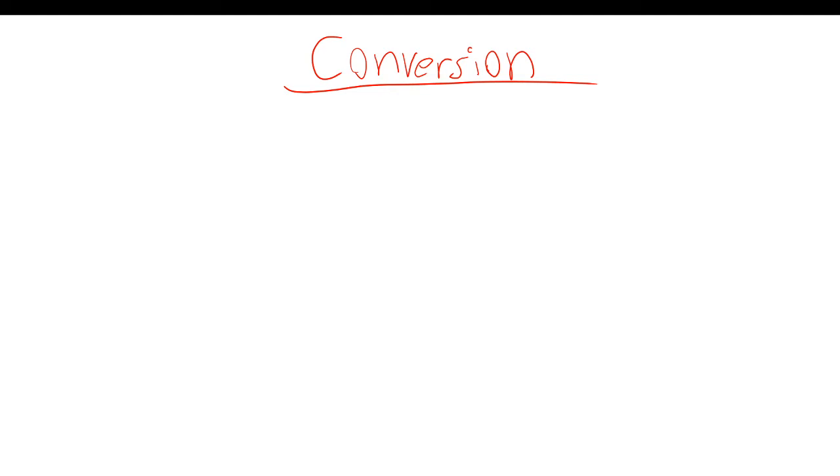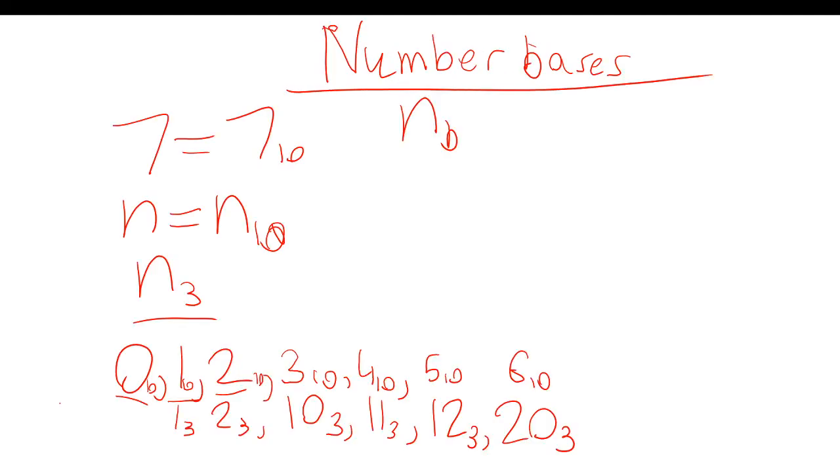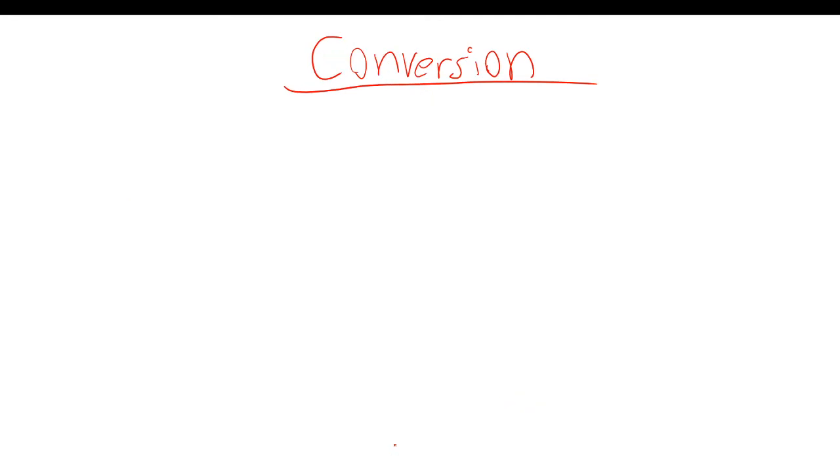Okay, so let's try to convert numbers that are in base b to base 10. Here's how we're going to do that. Let's use some of these examples. Let's try converting 11 base 3 to base 10.